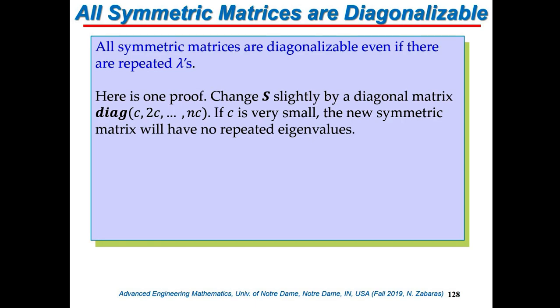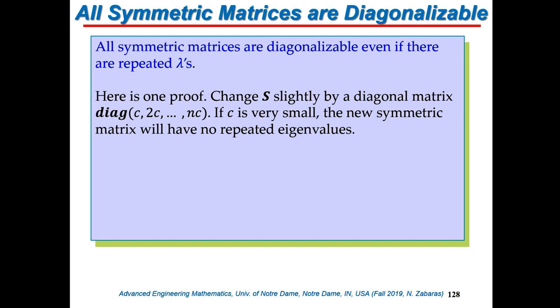So here is one little proof. Start with a symmetric matrix that has repeated eigenvalues, and then add to the diagonal of the matrix S these numbers C, 2C, up to NC, where C is a very small number. By adding these small numbers on the diagonal, you separate the repeated eigenvalues.